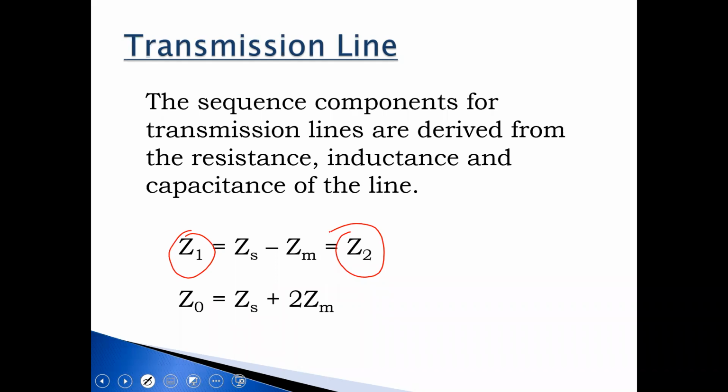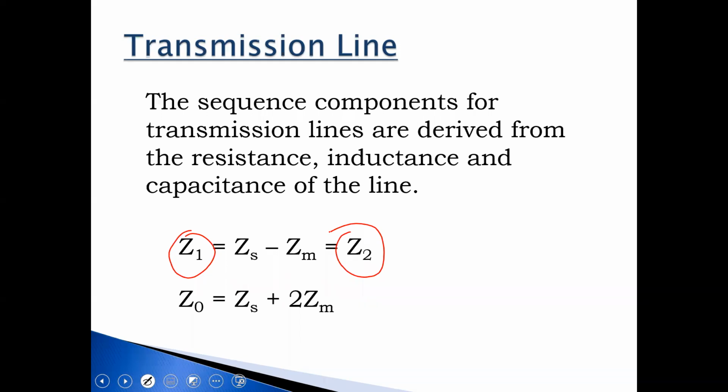These represent, for your transmission line, the self-impedance would be that of the line itself. The mutual would be as a result of the interaction between lines, okay? Similarly, for your zero sequence, it is Zs plus 2Zm.